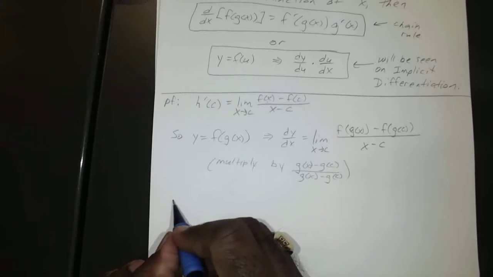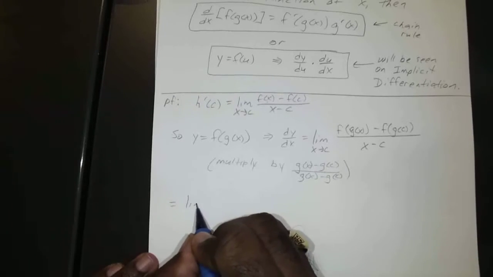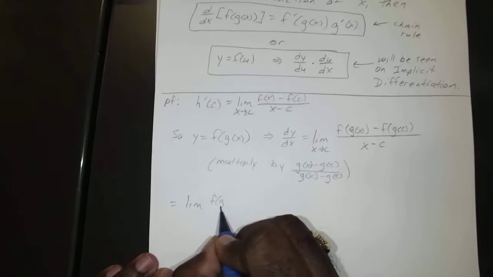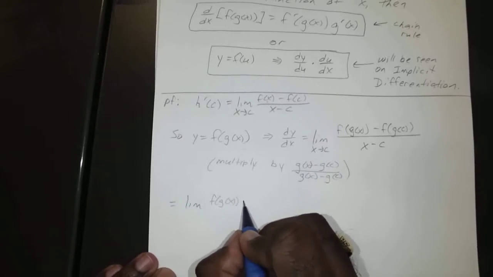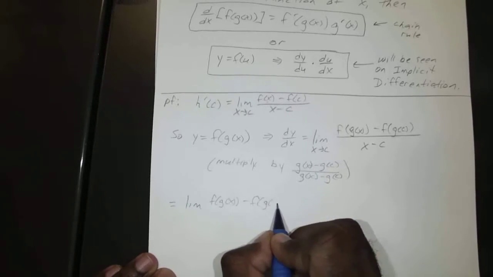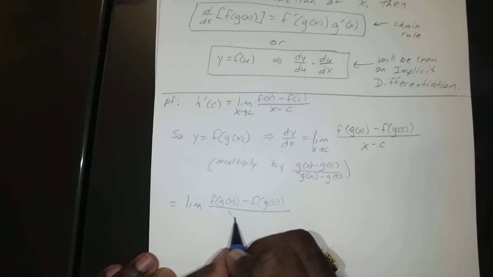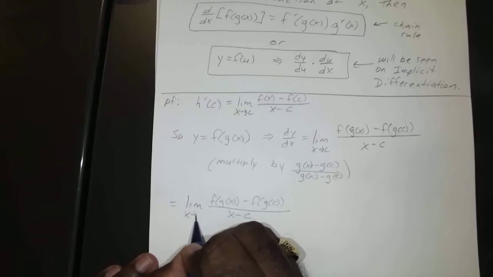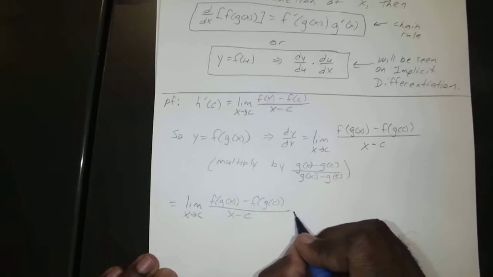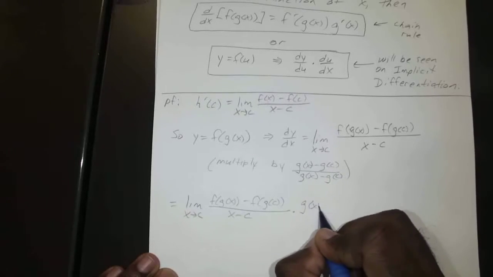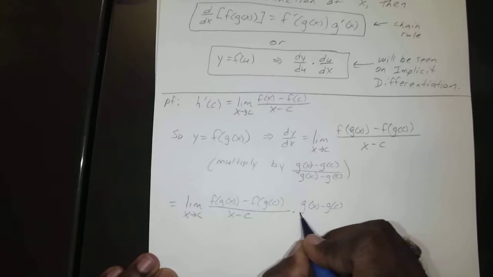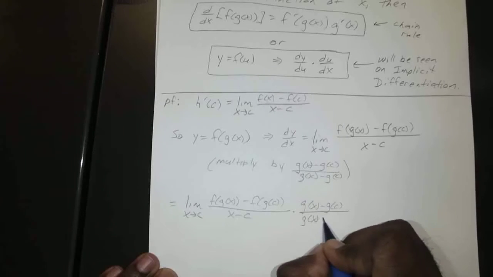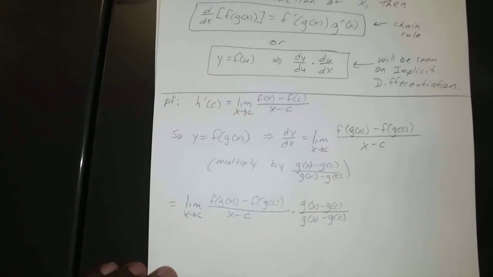Okay, so that gives us the limit of f of g of x minus f of g of c all over x minus c as x approaches c times g of x minus g of c over g of x minus g of c.